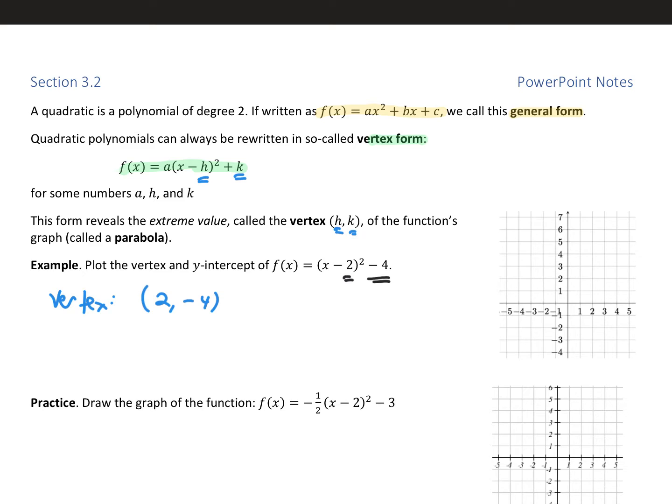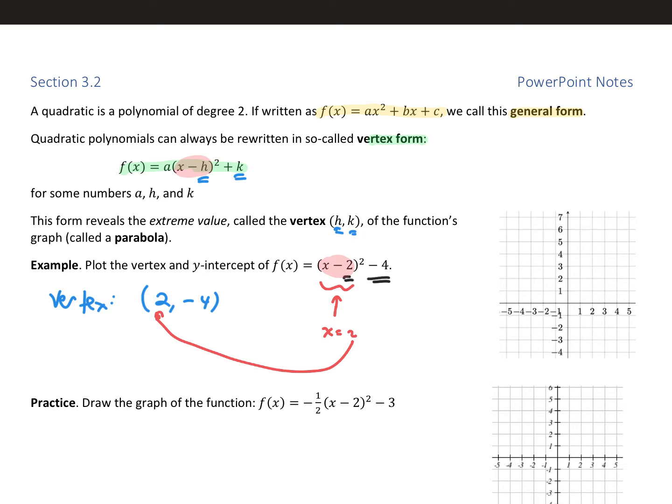But here's a quick way to remember that. What you're trying to do from vertex form is think about what x makes this stuff equal to 0. In the vertex form, there's always some stuff inside the parentheses that's being squared, and you're asking yourself, what x makes that 0? So in this problem, the number that makes that 0 squared is x equals 2, and that tells us the first coordinate of our vertex.